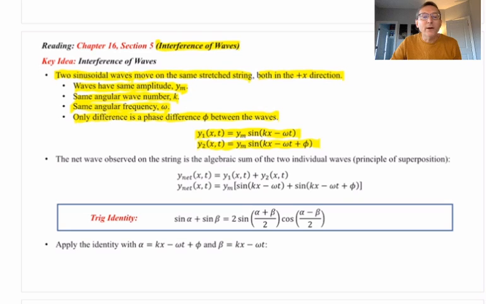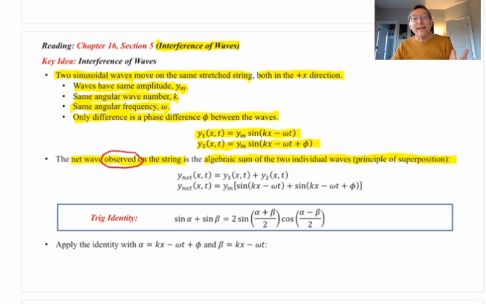So now let me go back to my notes. And now let's go to the next step. The net wave observed on the string. Note the word observed. That's what we will actually see on the string. You only see a wave on the string. What you see is the net or total wave on the string. What is that? It's the algebraic sum of the two individual waves.